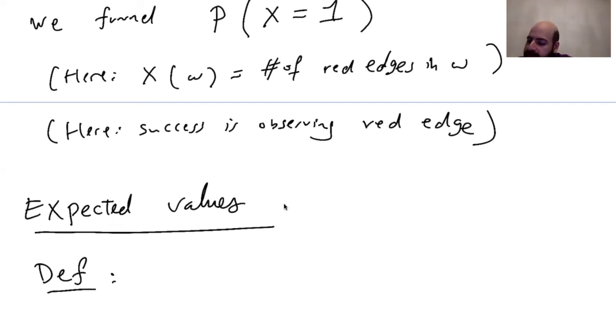So definition, let X be a random variable.